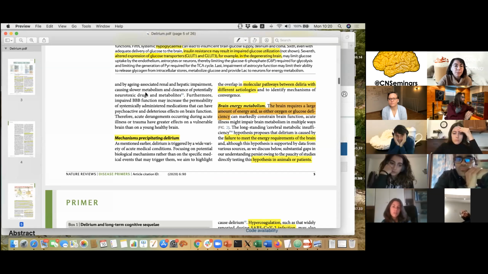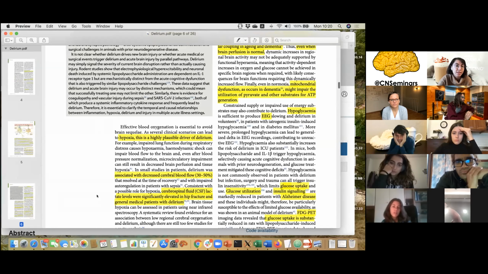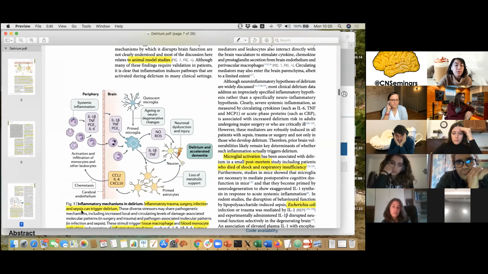Another possible trigger is inflammatory mechanisms. Here we have the barrier, the periphery, and the brain tissue.